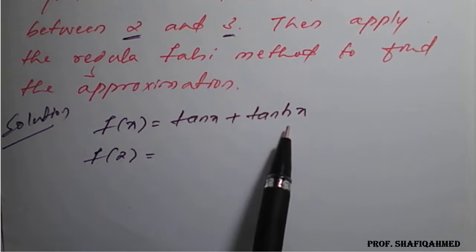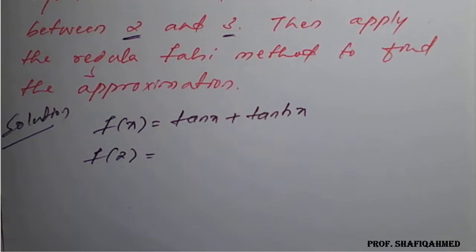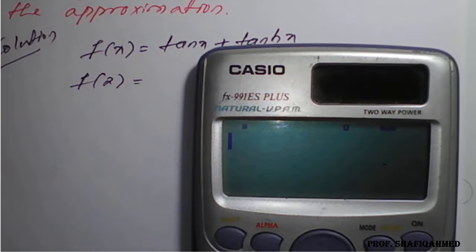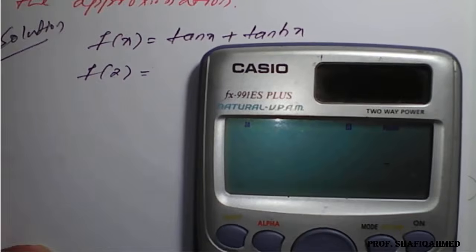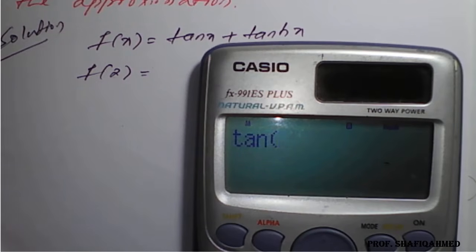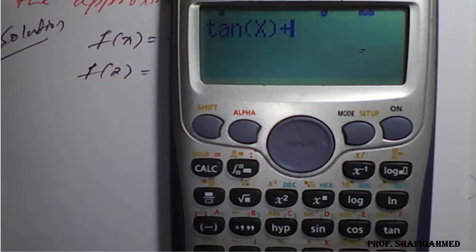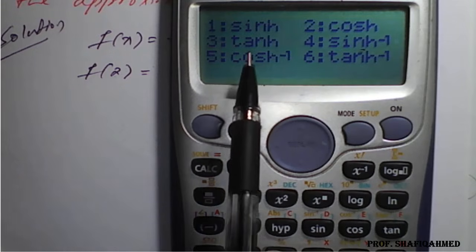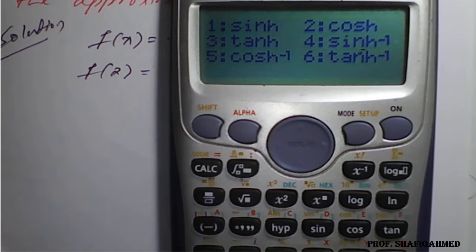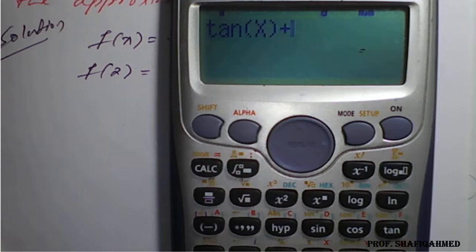You need to set your calculator mode to radian. Then you need to type the equation, that is tan alpha x plus, then use the hyperbolic function, hyp.